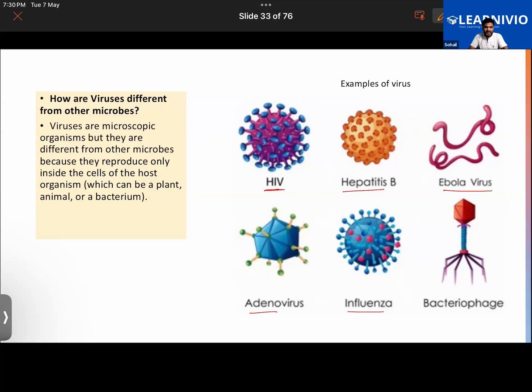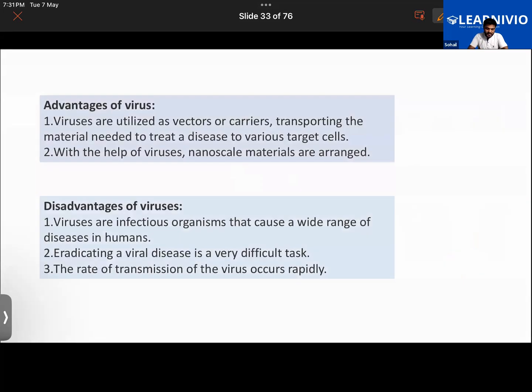So the main feature that distinguishes them from other microorganisms is that they are able to reproduce only inside the cells of the host organisms. And what could be the host organism for virus? It could be a plant, an animal, or even a bacteria. Hope it is clear to everyone.